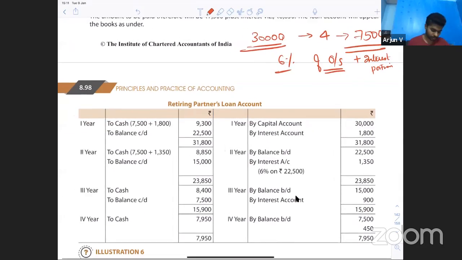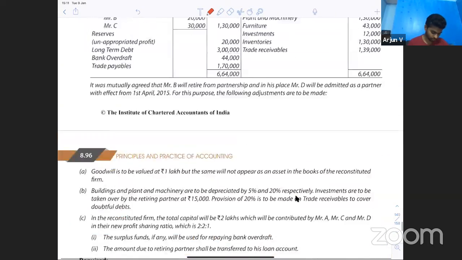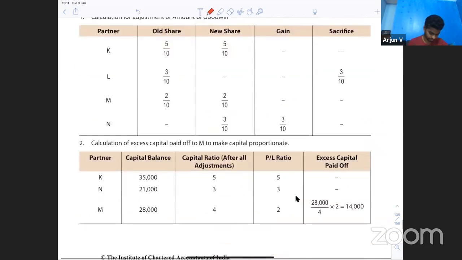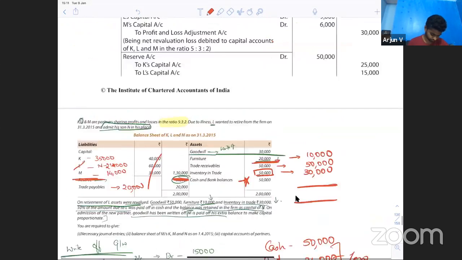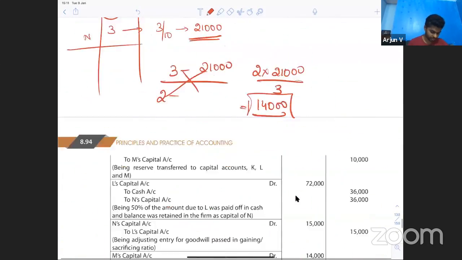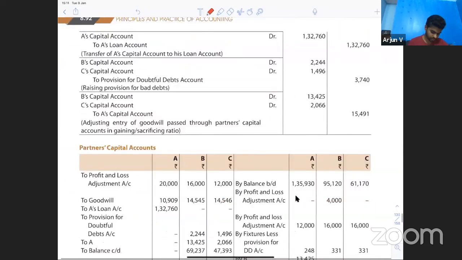When you're doing the partner's capital account, in any of the questions, you have always written the partner's loan towards the credit side.